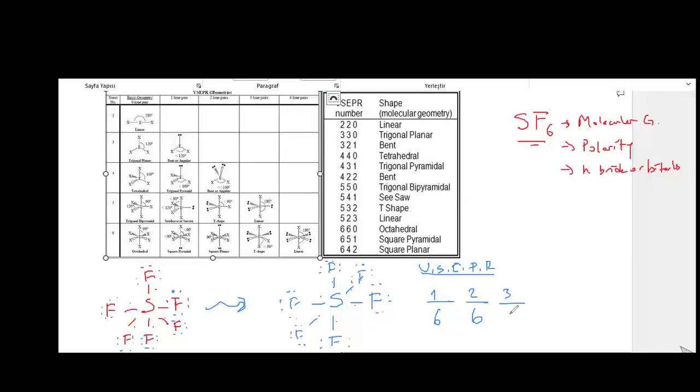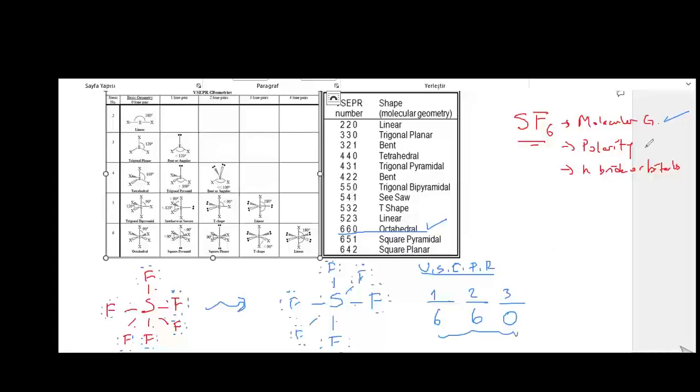That's why our last code is 0. Yes, right now 6, 6, and 0 is our VSEPR number. And if you look at the table, you are going to see that our molecular shape is octahedral. So, for the first step, we are ready. Molecular geometry is found.